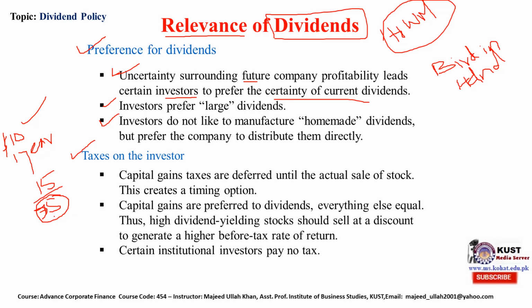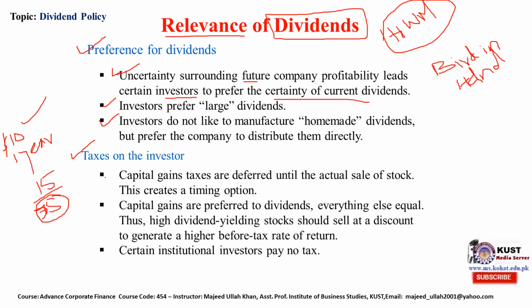So you can defer it. If you are not willing to sell your share, you may defer it for a year, for 2, for 3, whenever you want. You will sell this share and gain a capital gain, and then you will pay a tax until the actual sale of the stock.